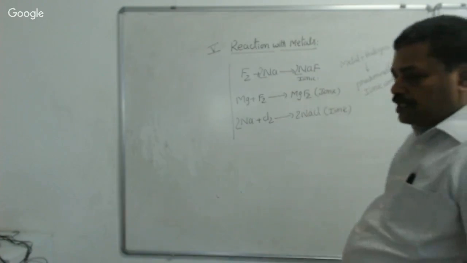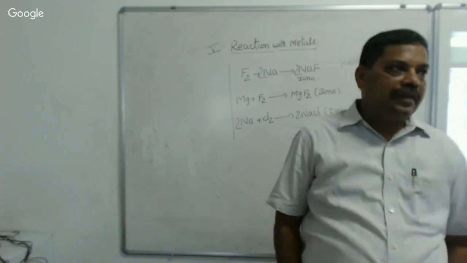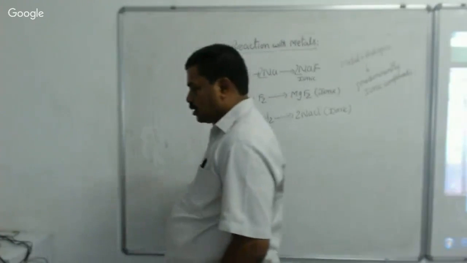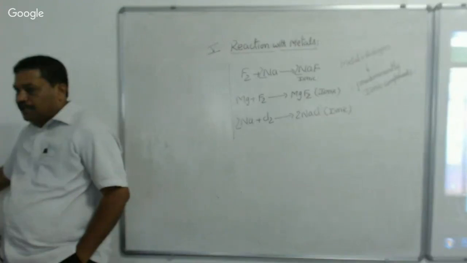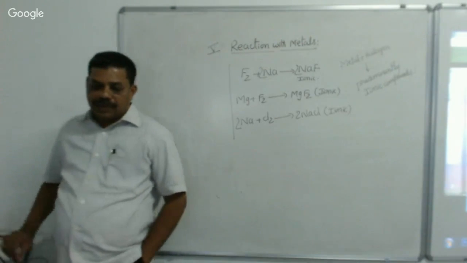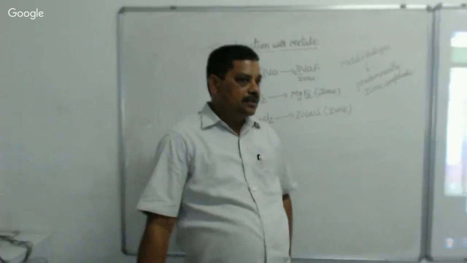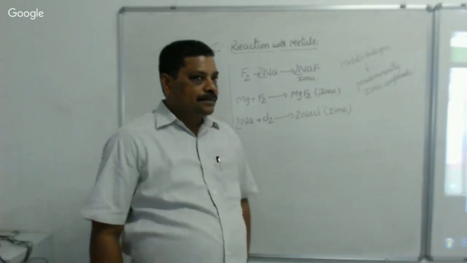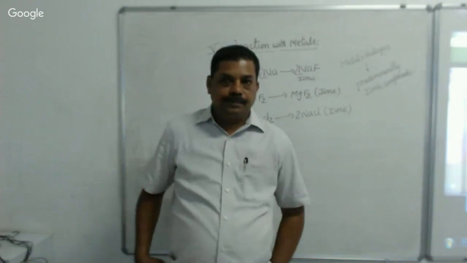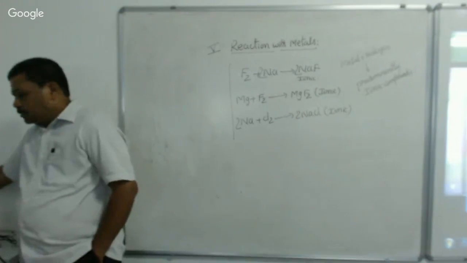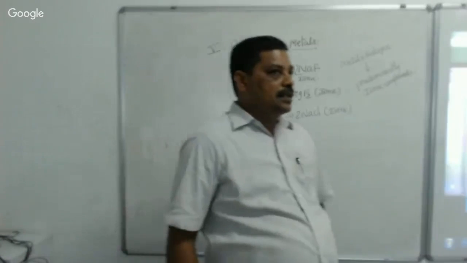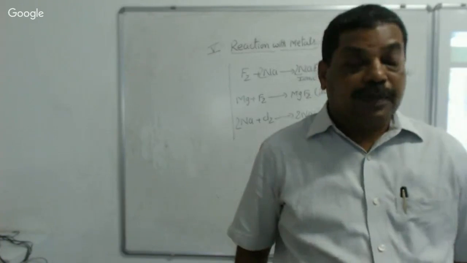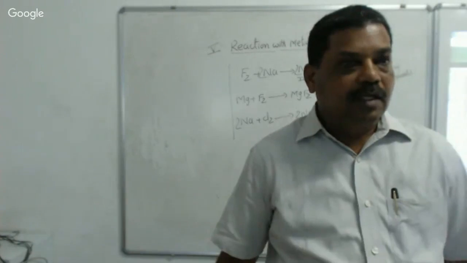If the cation has high polarizing power and the anion has high polarizability, then as per Fajan's rules, the compound formed will be mostly covalent in nature.